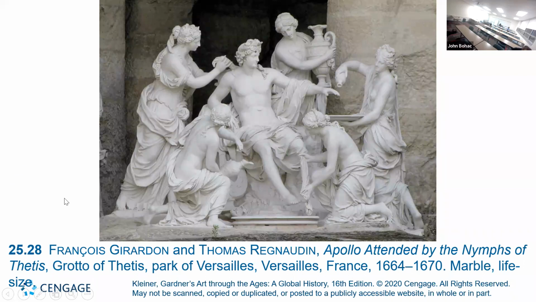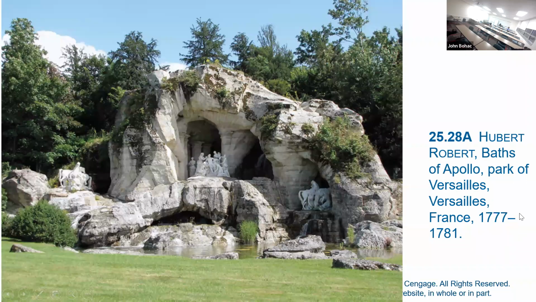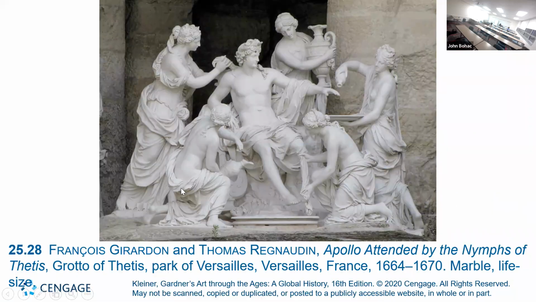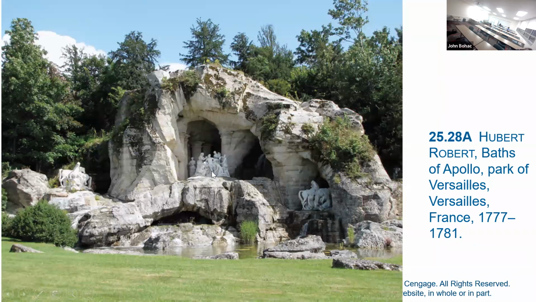Bottom line, they're going right back, they're trying to rival what was going on in Rome and what was going on with the Counter Reformation and all of the sculpture by Bernini and the fountains and everything. The French are doing this on their own. Here it is. This is where that statue exists. Here it is. There it is.